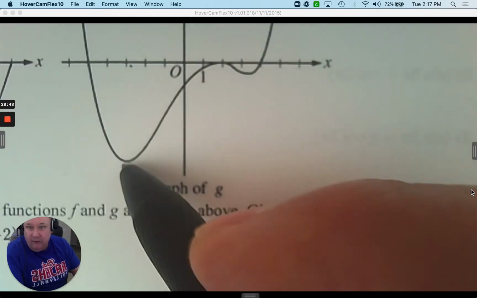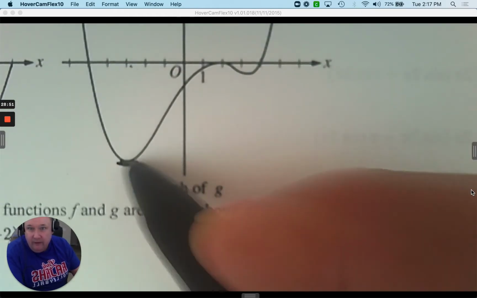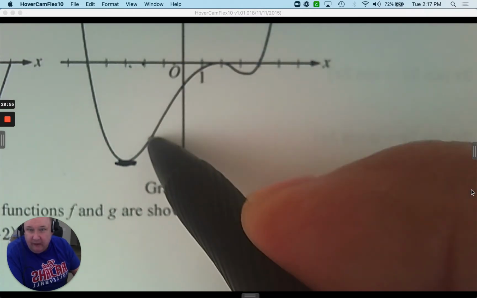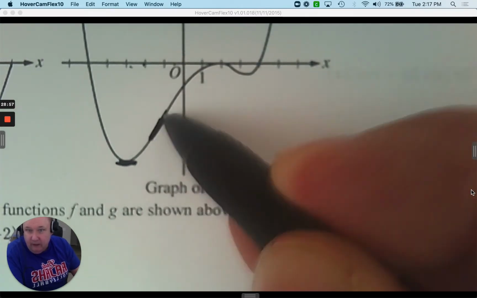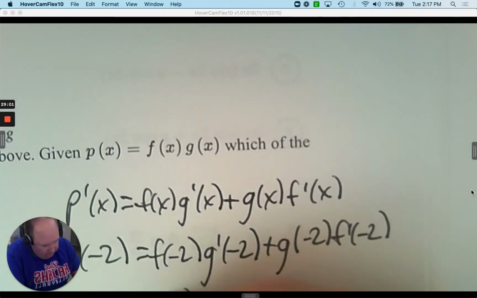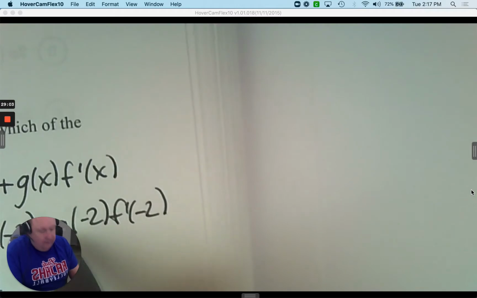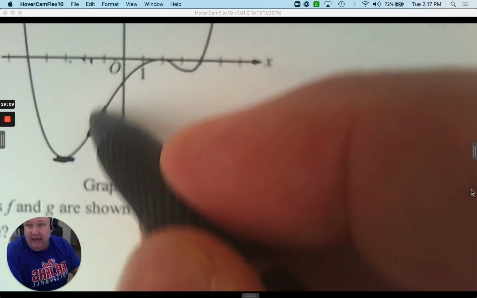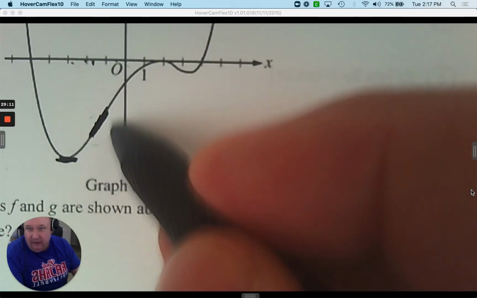The derivative there is 0. No, sorry. The derivative at -2 is positive because it's increasing there. The value of g at -2. So the value at g at -2 is a negative value here.